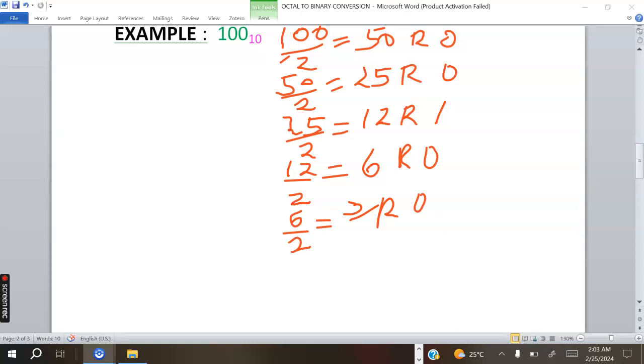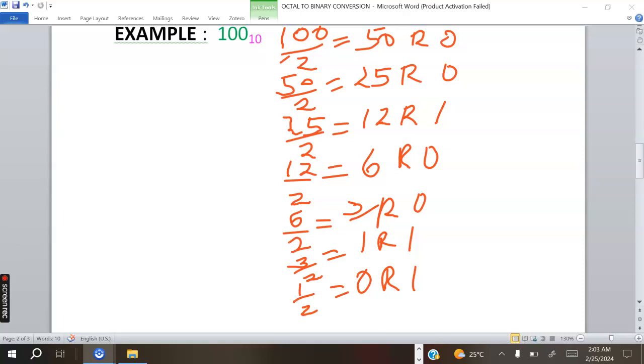Then the 3 divided by 2, which is a 1 remainder 1. And lastly 1 over 2, which is 0 remainder 1.